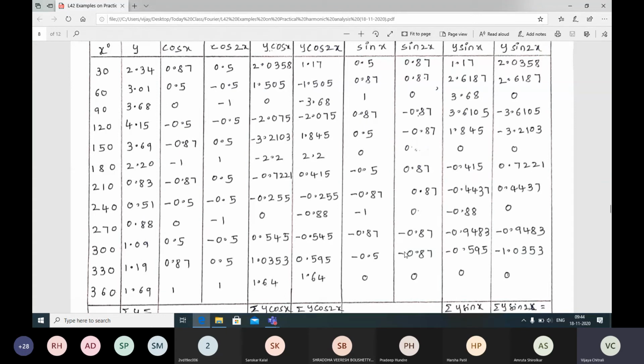Sin 660 is minus 0.87, and 2 into 360 is 720, so sin 720 is 0.